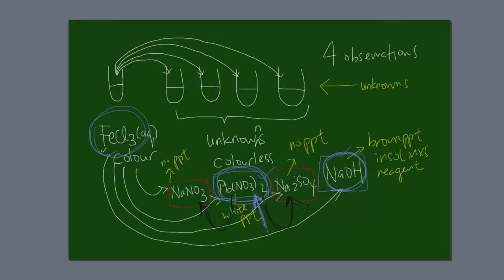If I mix PbNO3 with Na2SO4, I get a white PPT, and if I mix PbNO3 with NaNO3, I have no PPT. So in that way, I would have distinguished everything.